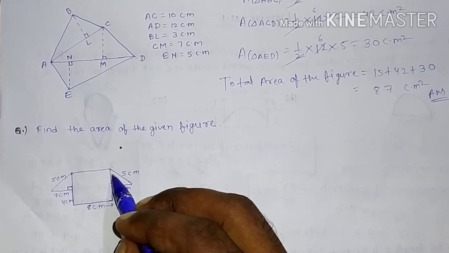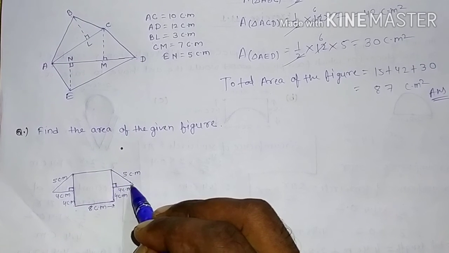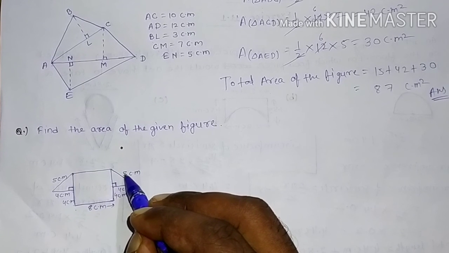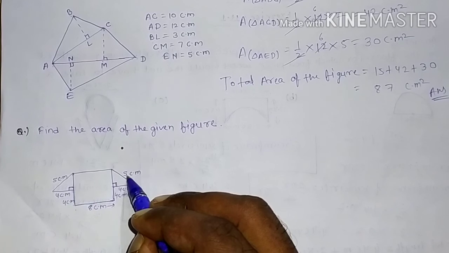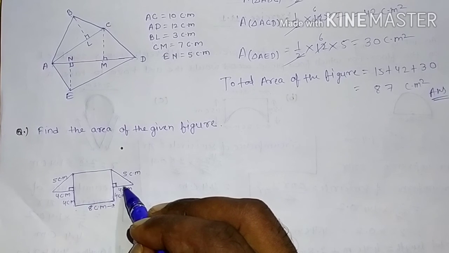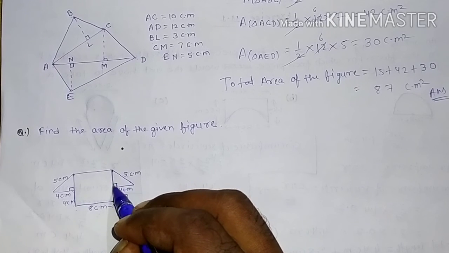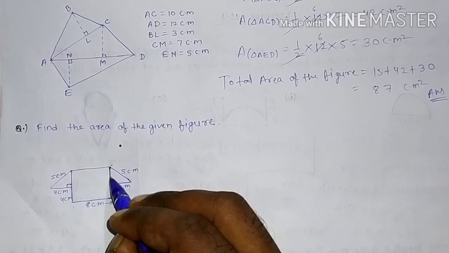And this triangle is a right angle triangle, and opposite to the 90 degree there is the hypotenuse, that is 5 centimeter, and base is 4 centimeter. From this triangle we have to find this side.